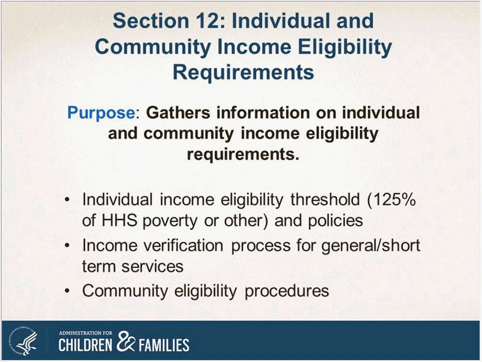Community eligibility requirements. With state plans, the eligibility threshold for services in the state should be noted. And then there's an option to select 125% of the HHS poverty line, or another percentage of the HHS poverty line as chosen by the state.